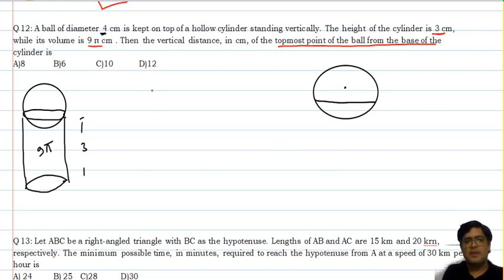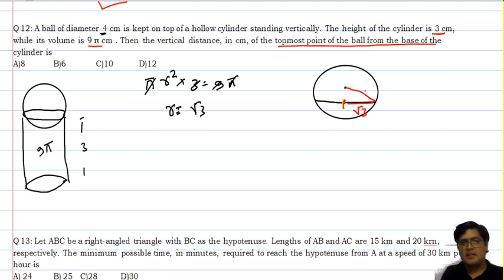Now please pay attention. The formula for volume is pi r square into h, which is given to me as 9 pi. So if I cancel this out, I've basically got the radius of the cylinder as root 3. So this length from here to here is root 3.